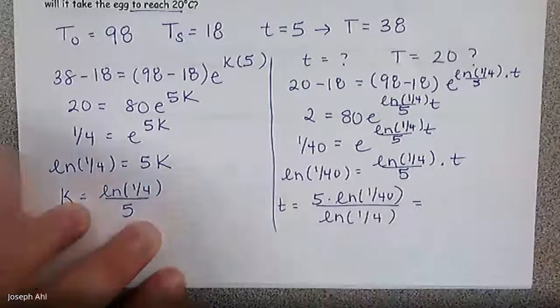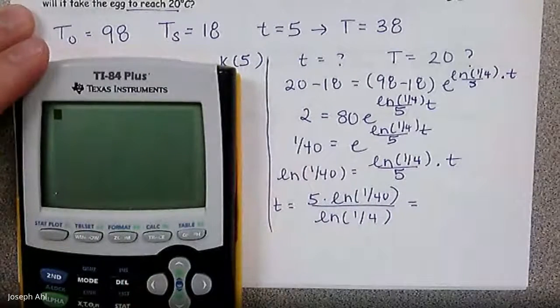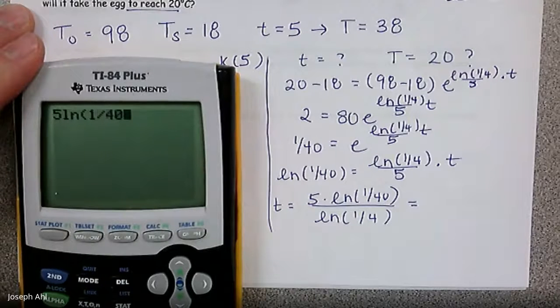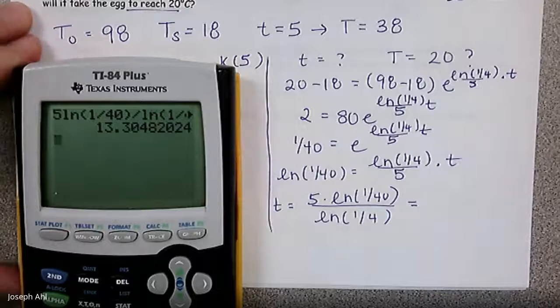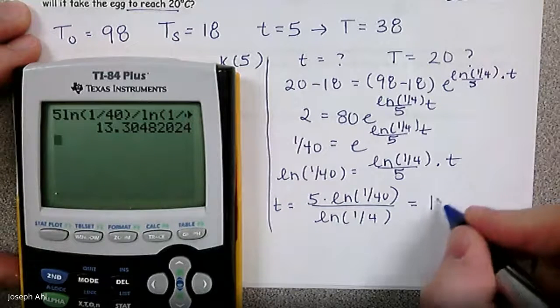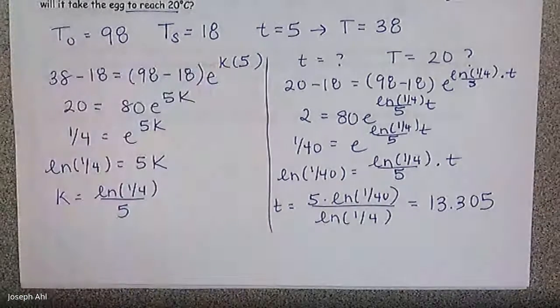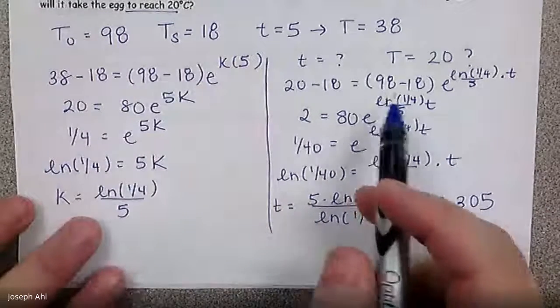Let's see what this comes out to be. So the time it takes to cool to 20 degrees would be 5 ln of 1/40th divided by ln of a quarter. And that winds up being 13.305 minutes.